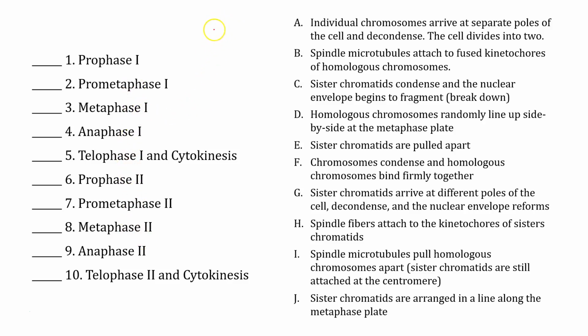While you're doing this, keep in mind that in meiosis 1, homologous chromosomes line up side by side at the metaphase plate, and each chromosome in the pair is duplicated, so it has sister chromatids.